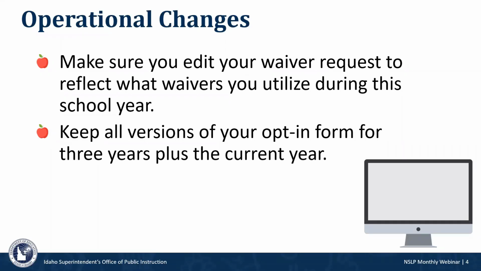You should have an email copy of that. If you don't, you can contact us and we can send you the link again so that you can edit your original waiver and get that uploaded in your renewal packet for us to look at as well. Please communicate with us if you are experiencing a school closure due to COVID so we can make sure that you have elected all the waivers that you will need and that you have a good operational plan in place. Please keep all versions of this opt-in form for your records.